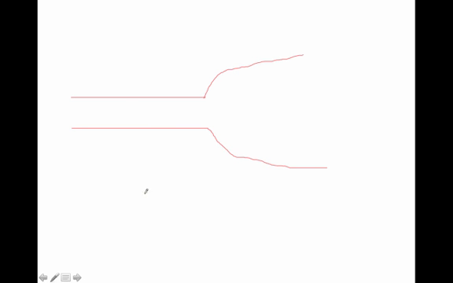This program doesn't allow me to write very well, but this whole thing is called the replication fork. I guess I could put REP in front of it just to remind us what we're looking at here.